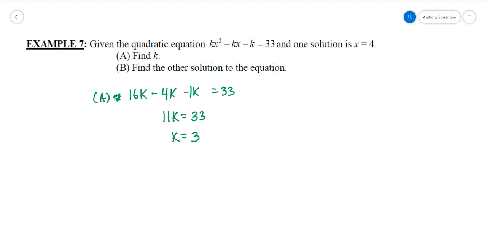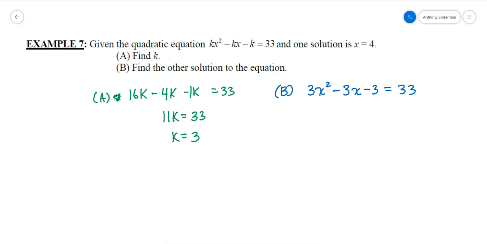So when I start into part B, my equation is 3x squared minus 3x minus 3 equaling 33. Now, I'm going to just choose to use the quadratic formula on this one.